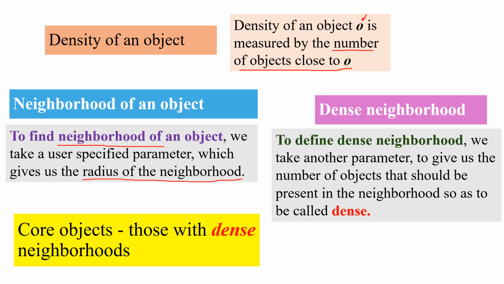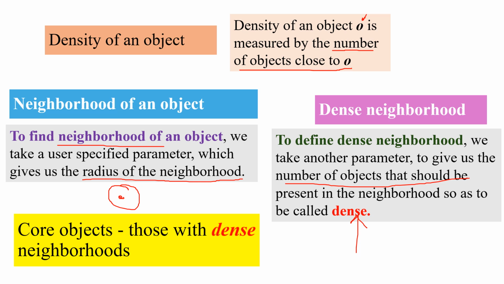Suppose this is an object. The neighborhood will be identified by a radius, which is a user specified parameter. We'll see what we call it very shortly. And to define a dense neighborhood, there is another parameter to give us the number of objects that should be present in the neighborhood so as to qualify as a dense neighborhood.